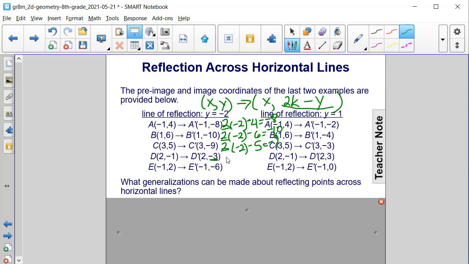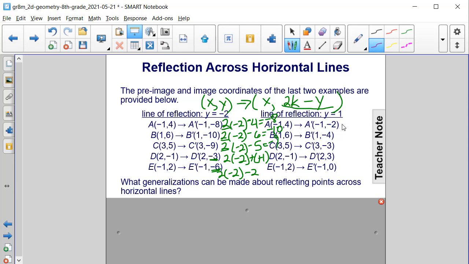So does negative 3 result from taking 2, multiplying it by negative 2, and then subtracting negative 1? Yes, it does. Negative 4 plus 1 gives us negative 3. 2 times negative 2 minus 2 does indeed give us negative 6.